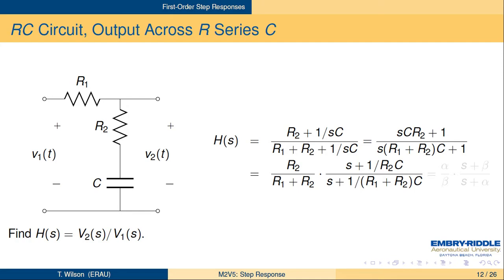And then you have S plus 1 over R2C in the numerator over S plus 1 over quantity R1 plus R2 times C. If we identify, again, the rate in the denominator as alpha, and let's call the rate in the numerator beta, then we can recognize that the amplitude in the front, R2 over R1 plus R2, is really alpha over beta. That's just by arithmetic there.